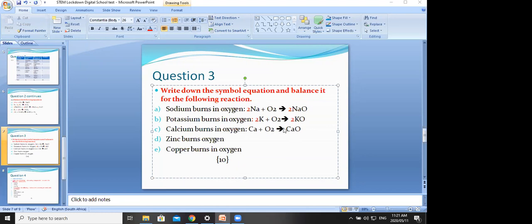Again, we need a coefficient here. So basically here we have the metal oxides. These are metal oxides. Metals are reacting with oxygens to give us metal oxides.